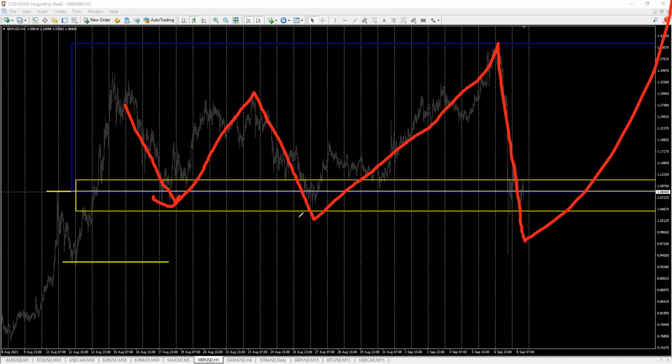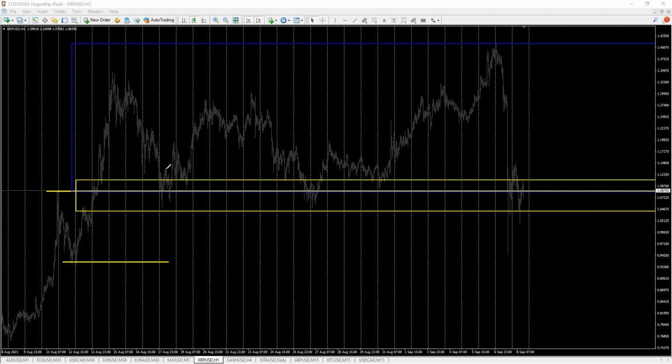These dips, of course, were cool, but you saw how they had to wait through that. And if they got excited, they probably bought here again, and then got smacked. They probably bought right here, and got smacked. And they bought right here again, and got smacked.